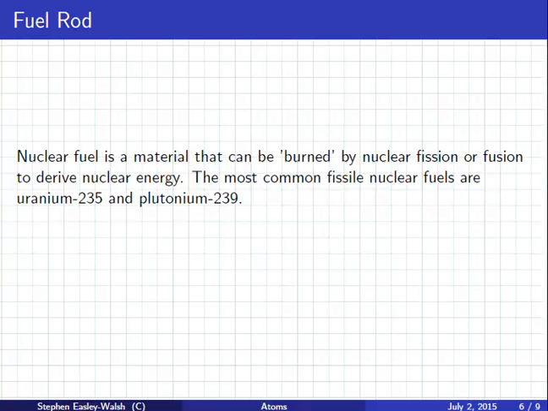Nuclear fuel is used in power plants. It is normally uranium-235 or plutonium-239.